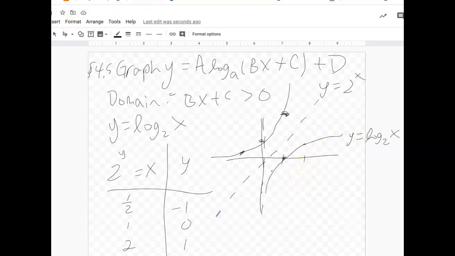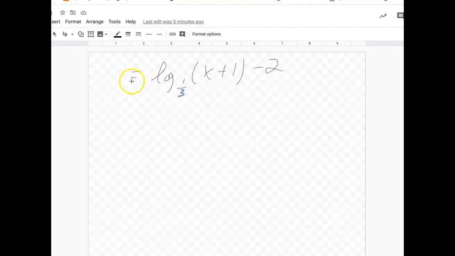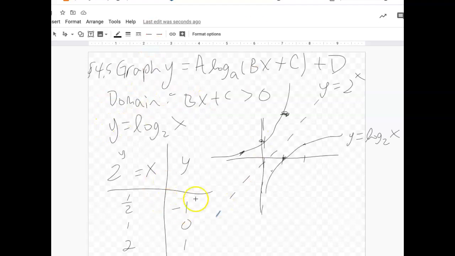Alright, so let's look at a different example. Suppose we had y equals log base 1/3 of x plus 1 minus 2. So the way that I'm going to think about this is I'm just going to look at this function as y equals log base 1/3 of x. I want to find those nice points that I have here, right?